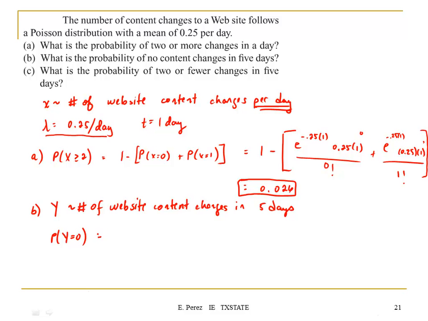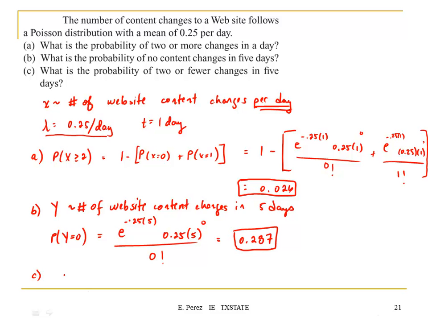So the probability of Y being equal to 0 is going to be equal to e to the minus 0.25 times 5, 0.25 times 5 to the power of 0 divided by 0 factorial. And that is 0.287. I was looking at some of the papers and some of you forgot to multiply times 5. Okay, so make sure that when you look at the time units, you are using the right time units.